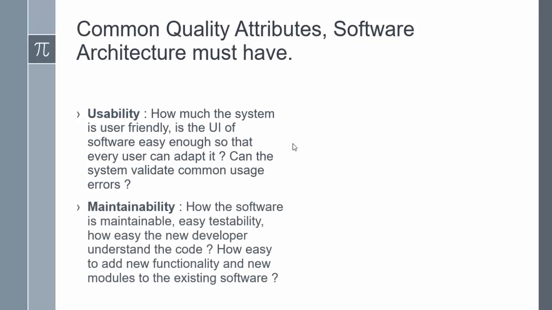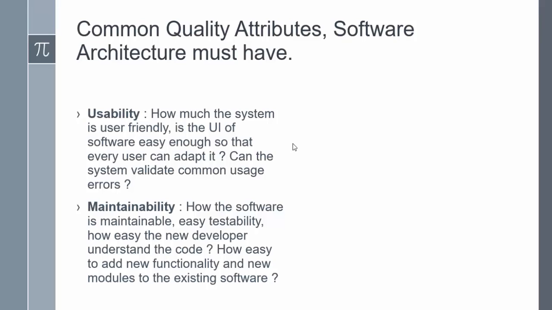Then we have maintainability, which means how maintainable and easily testable the software is. If I want to add test cases for my software, does my software provide easy support so that I can write those test cases very easily? And how easily can a new developer understand the code?